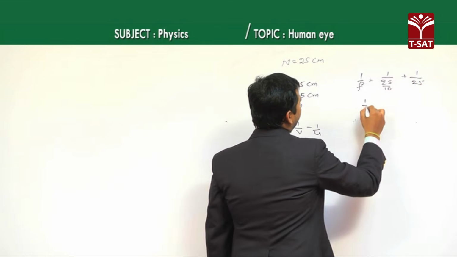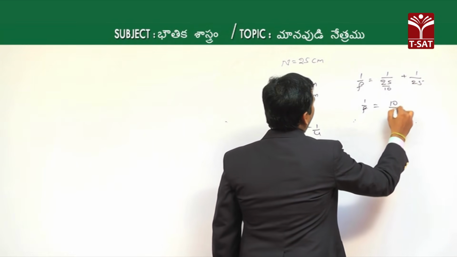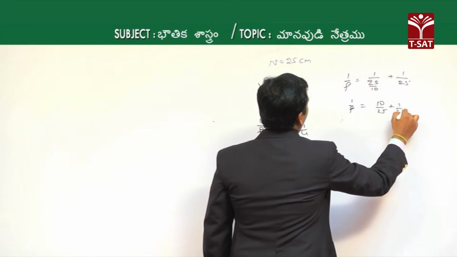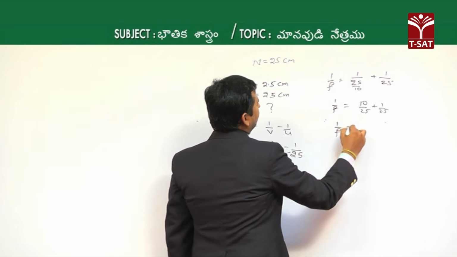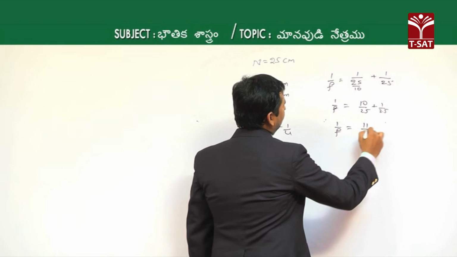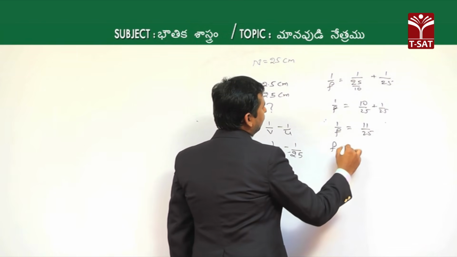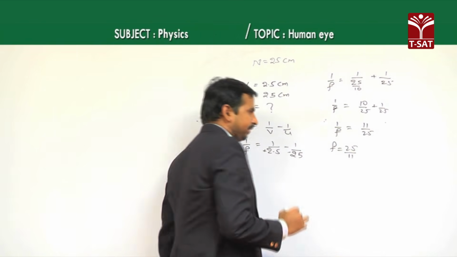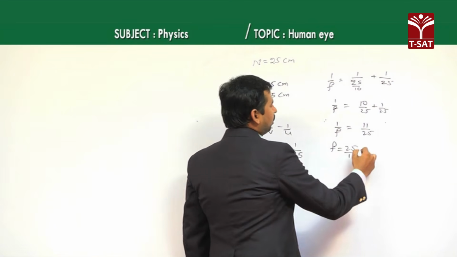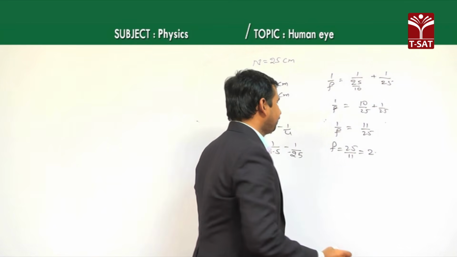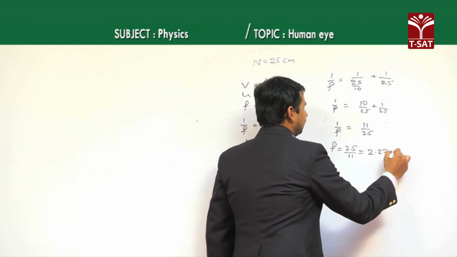Then it becomes 1 by f is equal to 10 by 25 plus 1 by 25, which is 1 by f is equal to 11 by 25, or you can also write that as f equal to 25 by 11, which is equal to 2.27 centimeters.